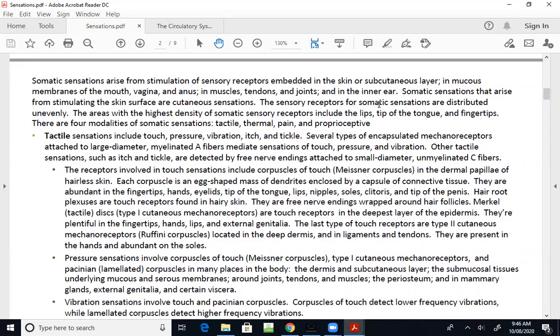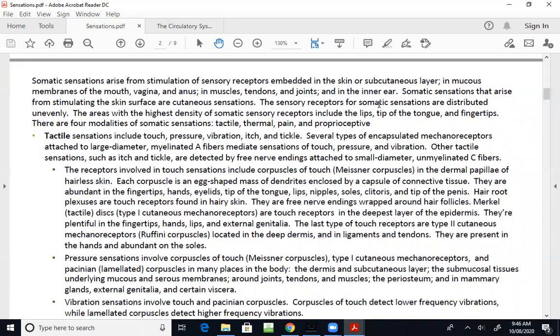We might put something up against our lips or the tip of our tongue before we put it all the way in our mouth so that we don't burn everything in our mouth, just maybe feel a little of that heat right there on our finger or our lips or the tip of the tongue. So they're going to be just loaded up with sensory receptors.